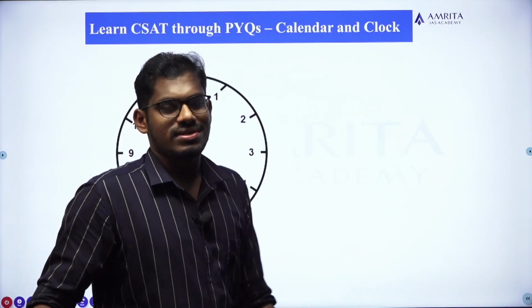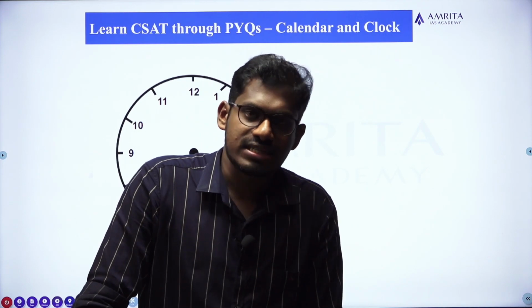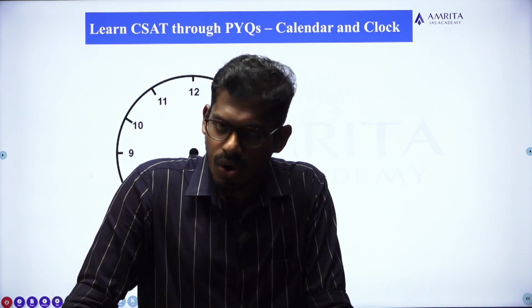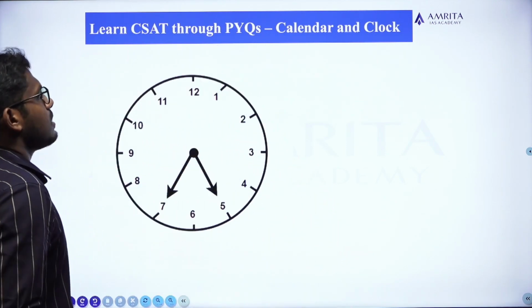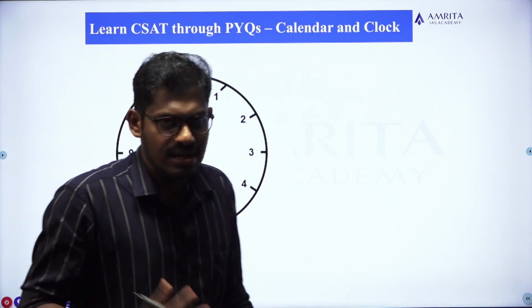Before moving to the questions, let me give you a brief introduction to the concept of what the questions regarding the topic clock and calendar are actually about. As far as the topic clock is concerned, we have to understand certain basic concepts.